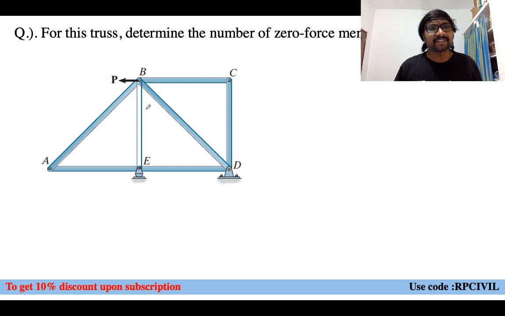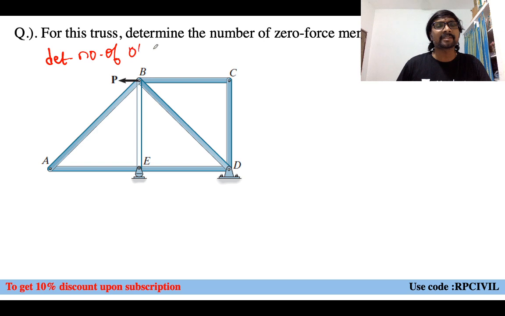For the following truss, determine the number of zero force members. For the following truss, what we need to do? Determine the number of zero force members. How many zero force members are present in this? If you consider this joint C, CB and CD are the two members meeting, and they are collinear or non-collinear?